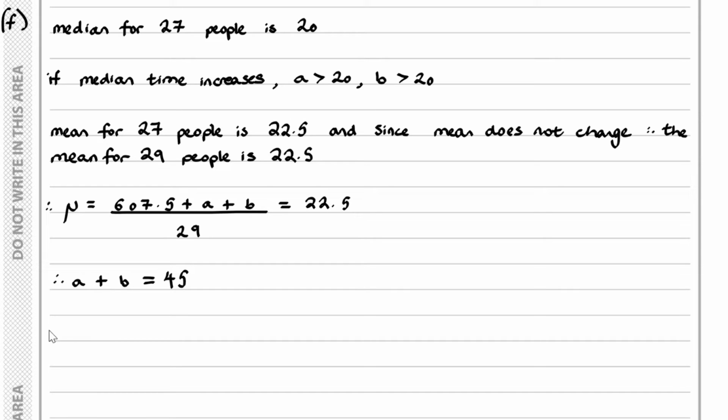And we also know A is greater than B. So we need two numbers A and B which add up to give 45. A must be greater than B, and both A and B must be greater than 20. We can choose various different pairs, but essentially one possible pair we could have is A equals 24, say, and B equals 21. This satisfies these conditions.